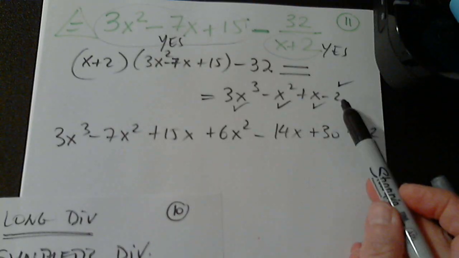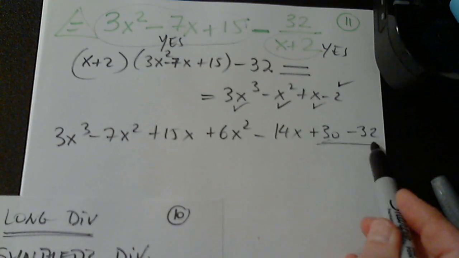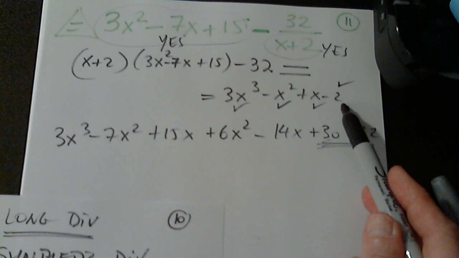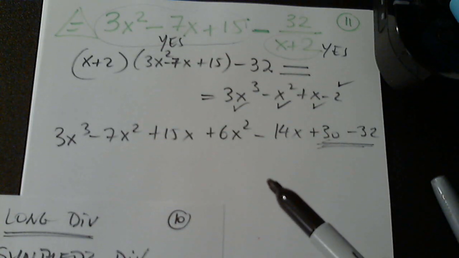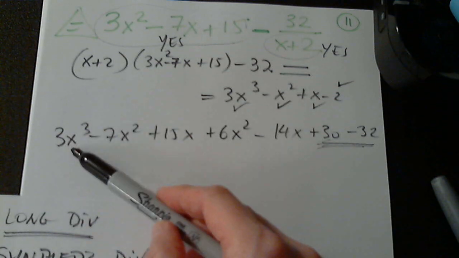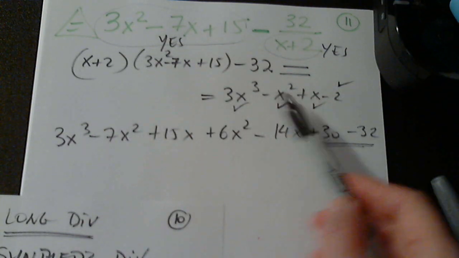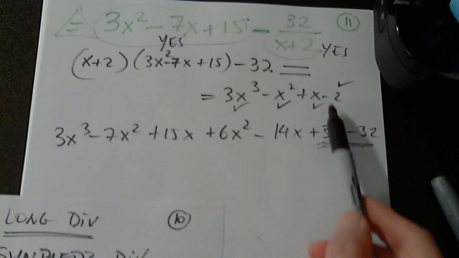Negative 32 plus 30. Is that okay? So 3x cubed, negative 7x squared plus 6x squared, 15x minus 14x, 30 minus 32.